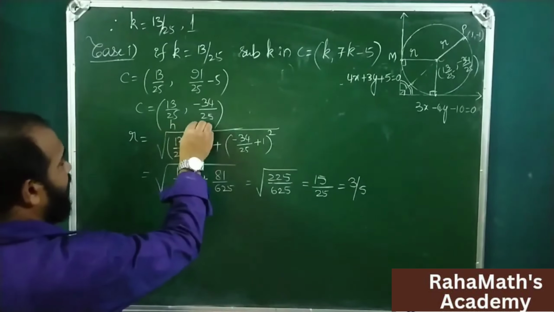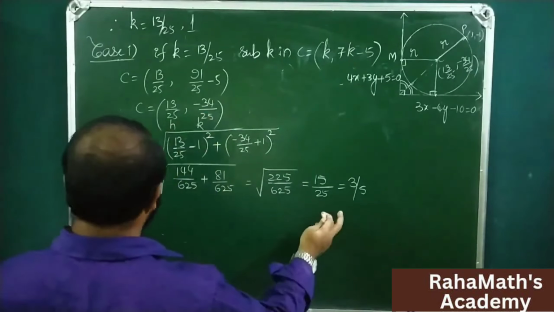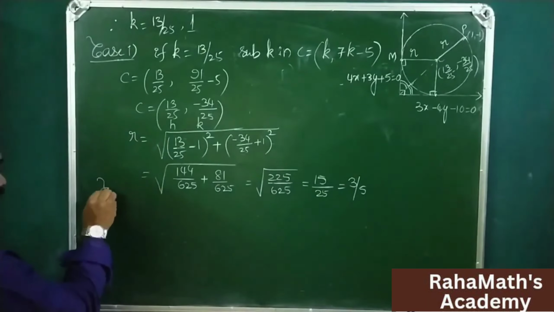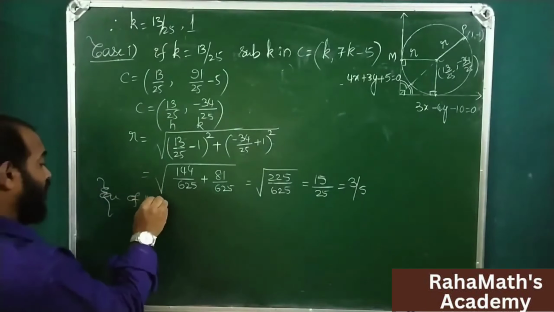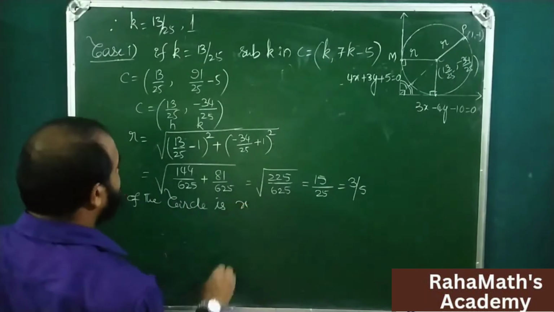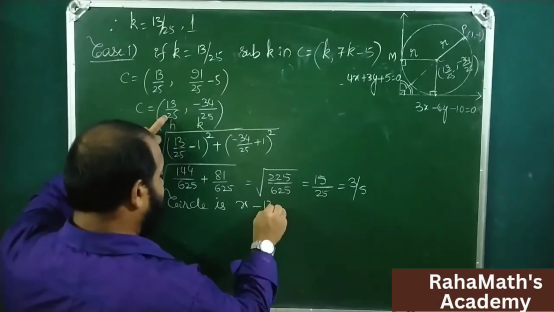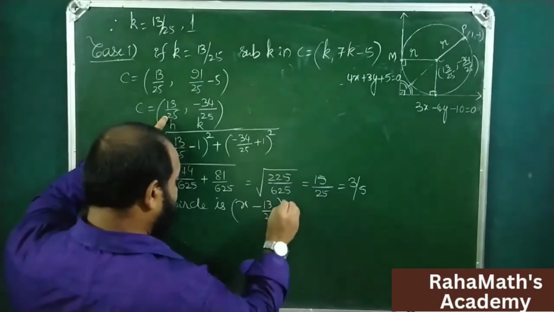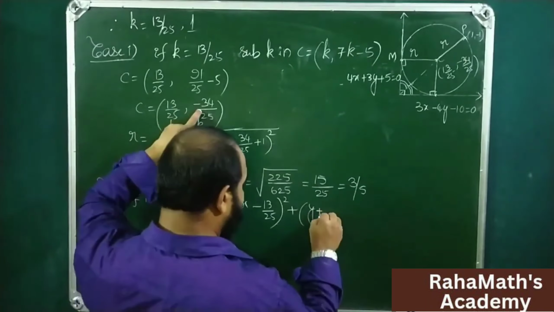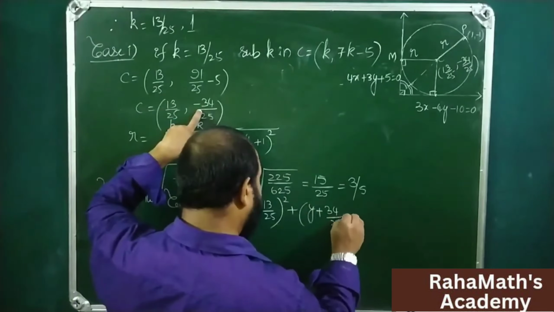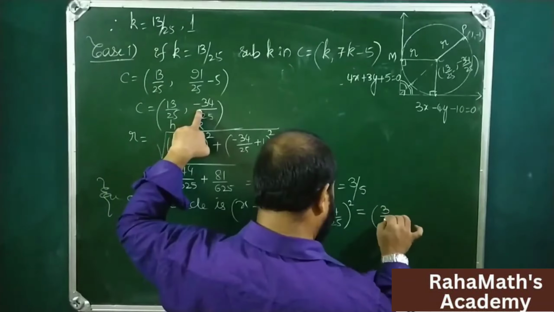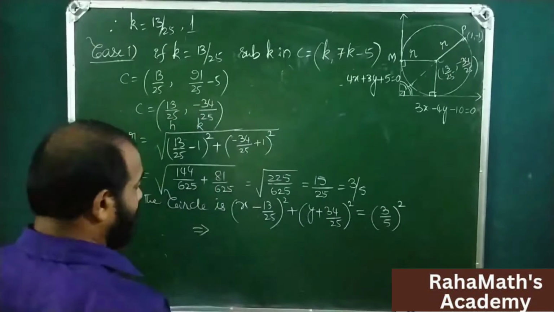If h comma k is the center of the circle and r is the radius, then what is the equation of the circle? Equation of the circle is x minus 13 by 25 whole square plus y minus minus 34 by 25 whole square equals r square, 3 by 5 whole square.